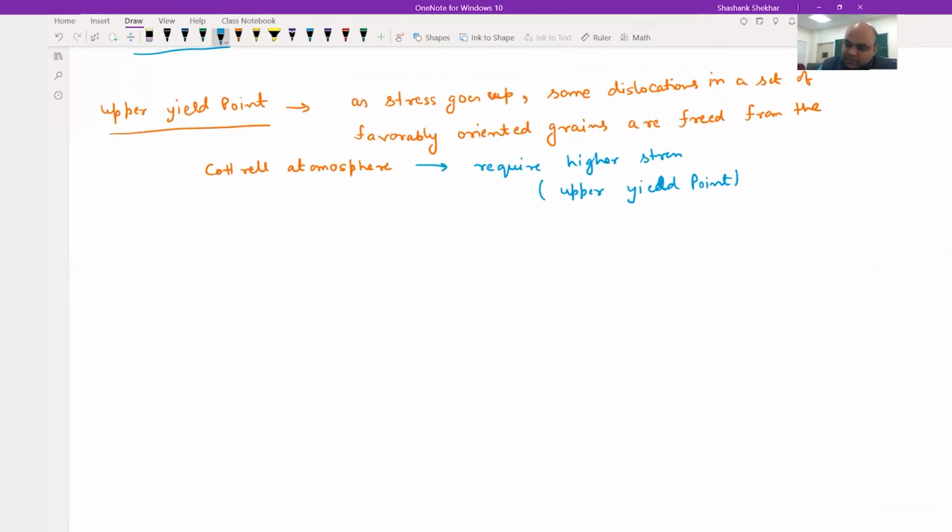So when this happens, you are going to see a burst of plastic straining in a narrow band, and this is called Lüders band.